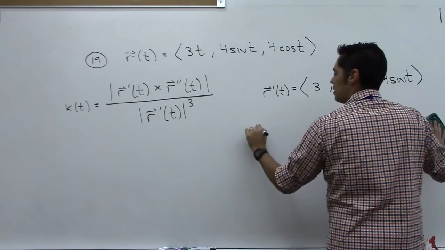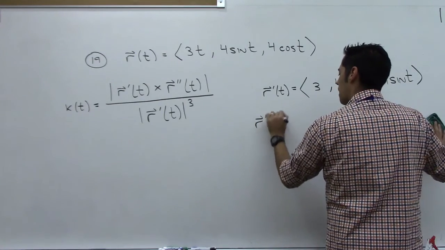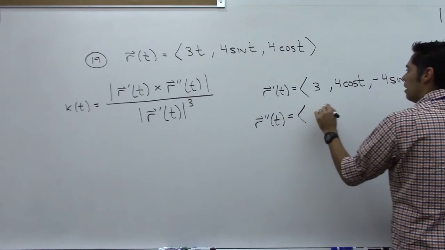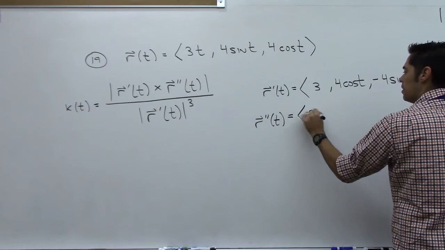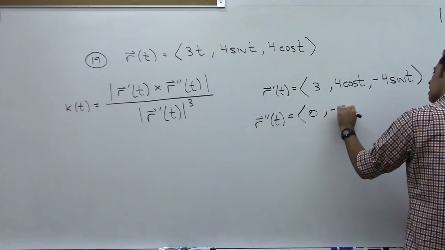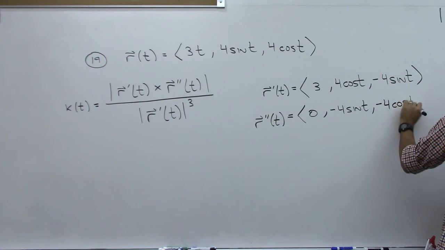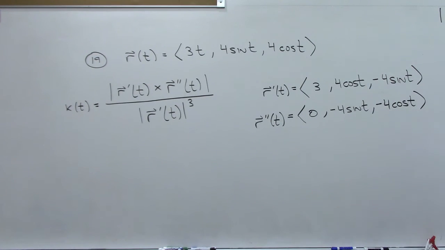And then underneath this, I'm going to put the second derivative because I'm going to have to take a cross product. The derivative of this is going to be 0, negative 4 sine t, and then negative 4 cosine t. And now let's cross these two.